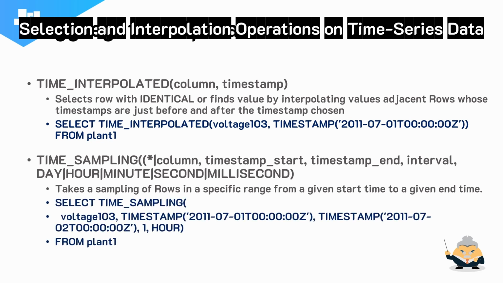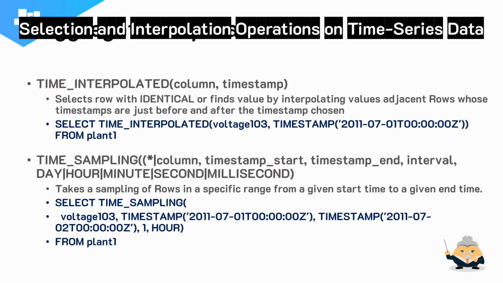The example query here is select time sampling from voltage 103, same column as before, but now we have a range of time, right? So now we have July 1st at 0 o'clock, midnight, to July 2nd, midnight as well. And we want the interval to be 1 hour.